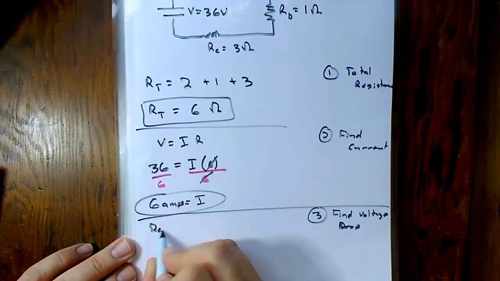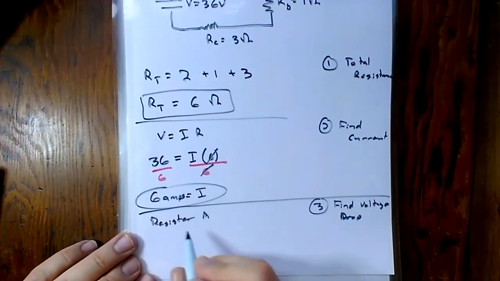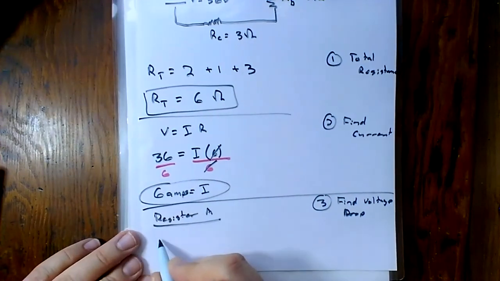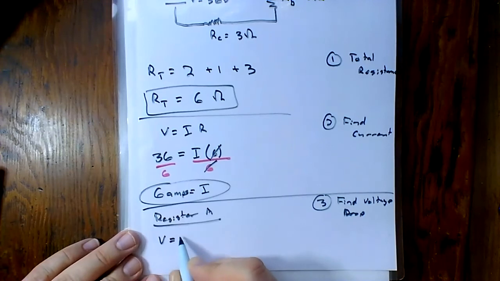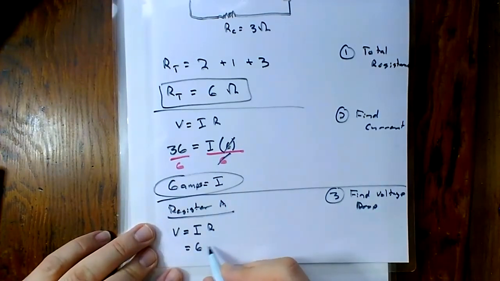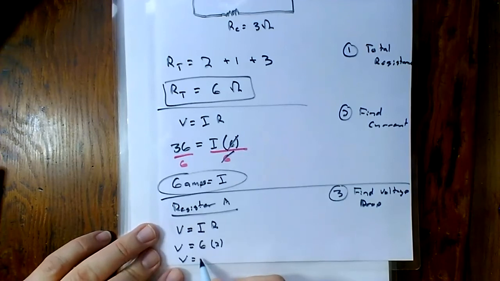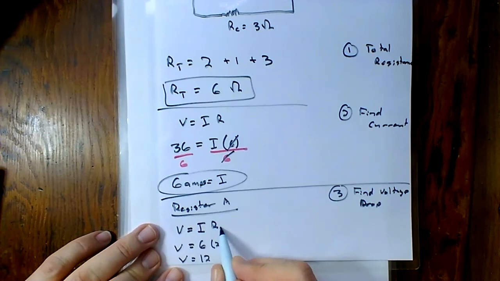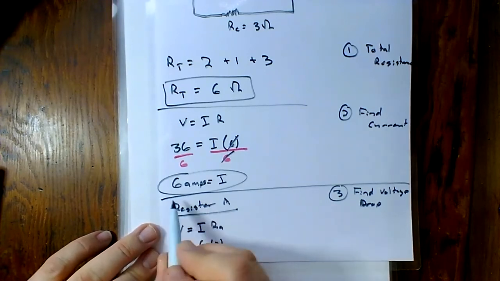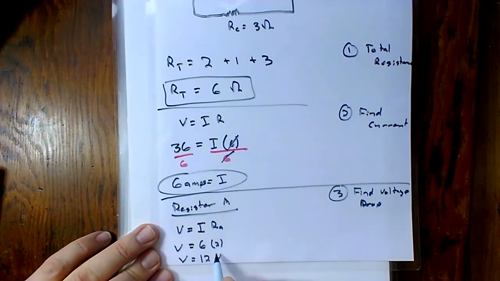For resistor A, my voltage is going to be equal to current times my resistance. I know my current is 6. My resistor A was 2 ohms, which means my voltage drop is going to be 12. So across resistor A, my voltage drop would be 12 volts.